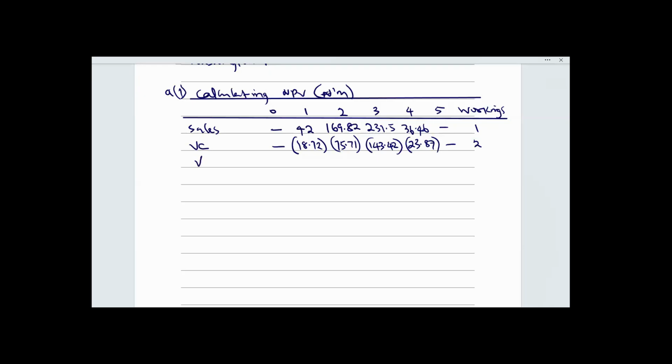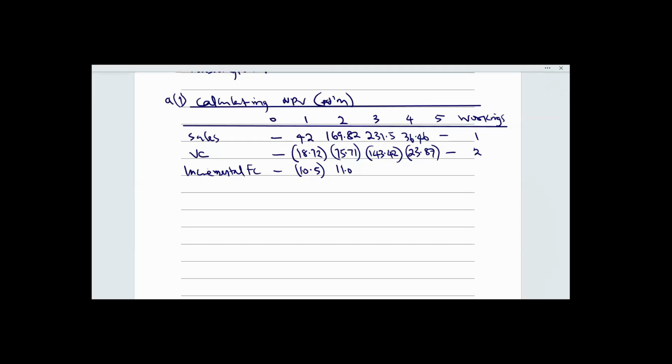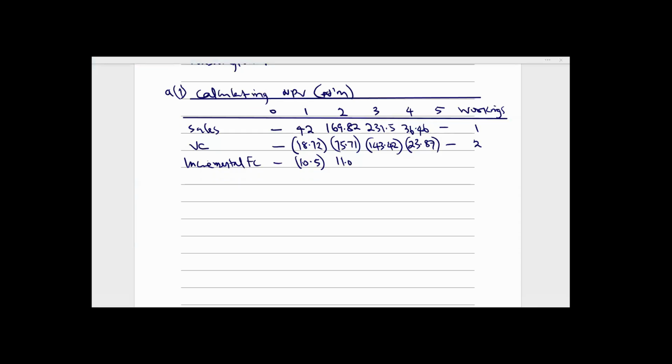Then fixed cost. Incremental fixed cost. For year 1, it was 10.5, right? Yes. Okay. This one should be easier for us. The inflation rate for fixed cost is 5%.